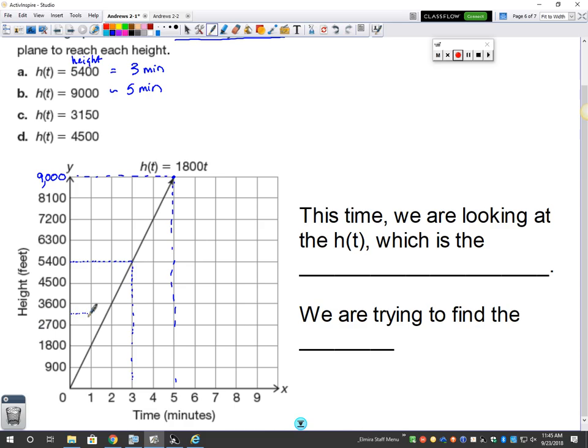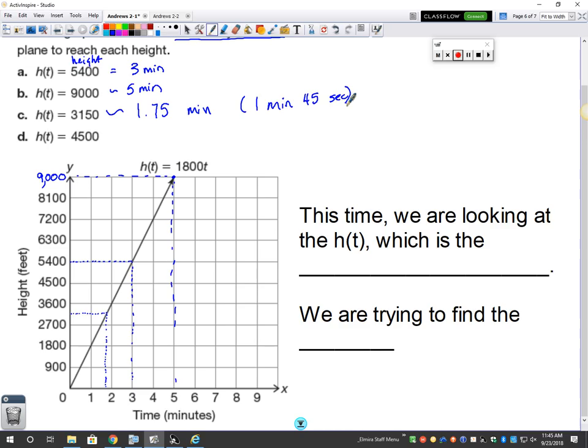So if I follow that across, and then I hit the line, and then I follow that down to see how many minutes that is, well, it falls between the 1 and the 2, closer to the 2. I'm going to say it looks to be about 1.75 minutes, or 1 minute and 45 seconds, somewhere about there.